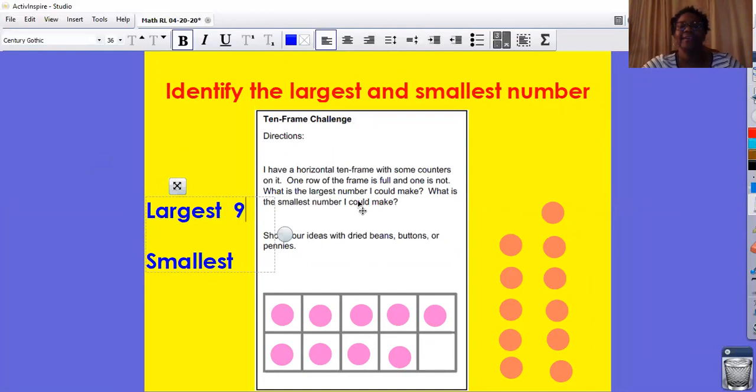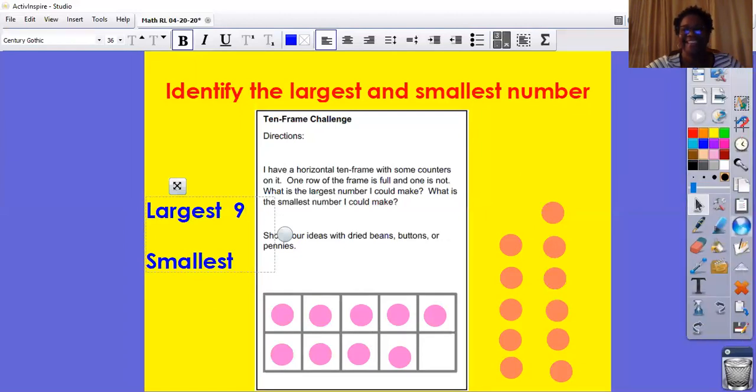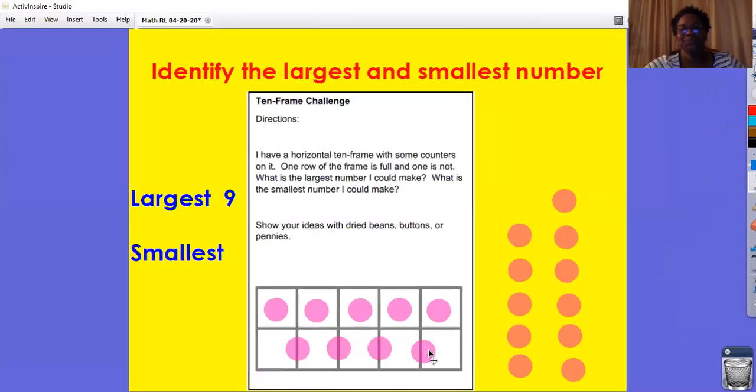All right. What is the smallest number I could make? With one row full, what is the smallest number that we could make? Great. Let's go ahead and get the eraser and erase some of these counters.